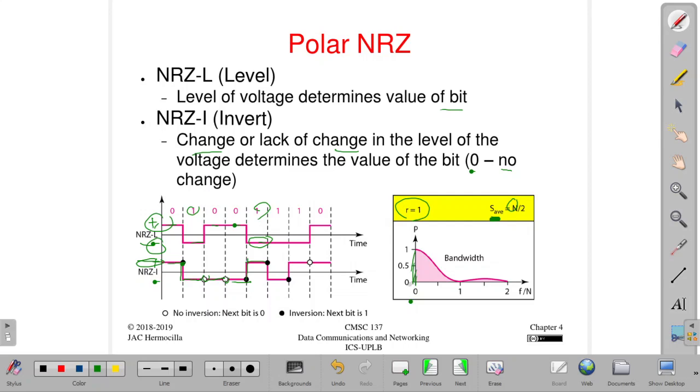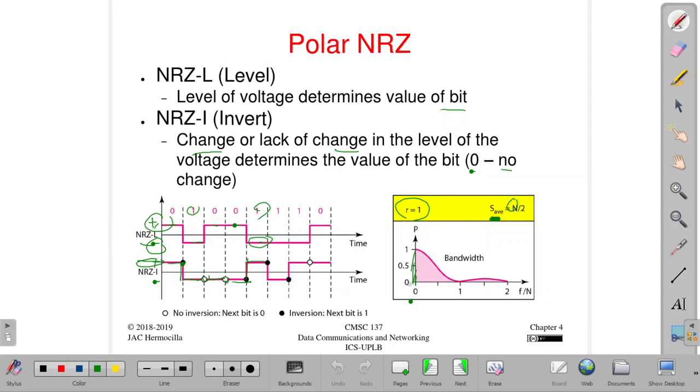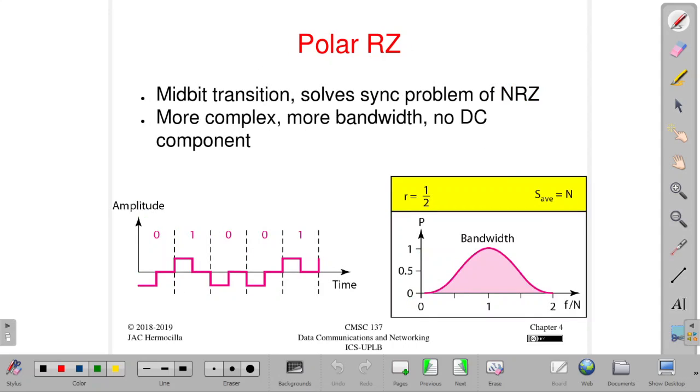Okay. So the next one is polar RZ. The NRZ simply ignores the zero voltage level, but in polar RZ we consider the zero voltage level. So here in the polar RZ we have a mid-bit transition.